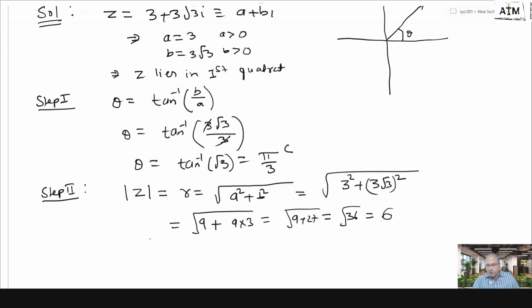We consider only the positive value, therefore r equals 6. Now step 3.